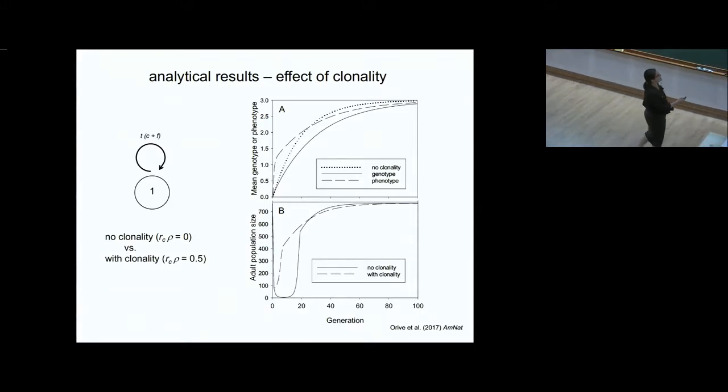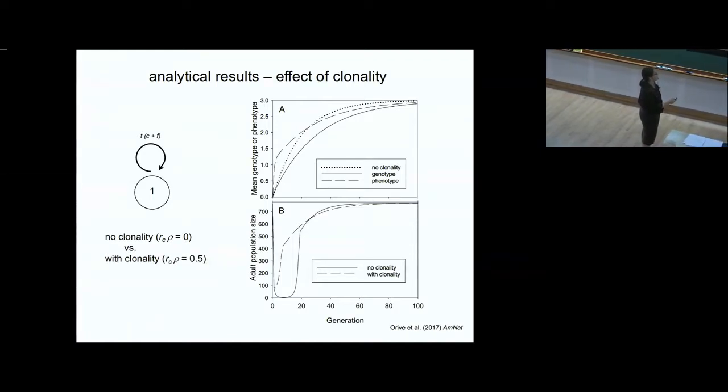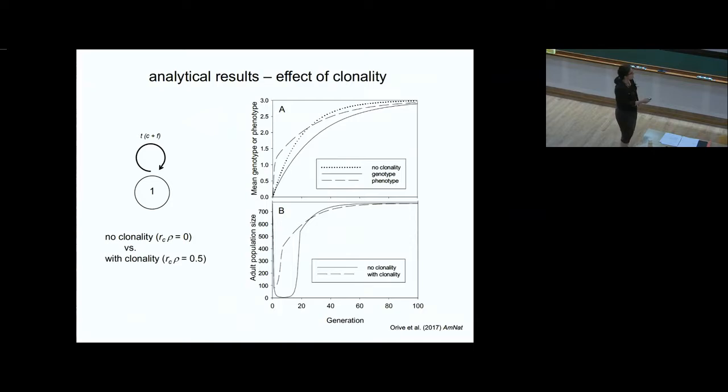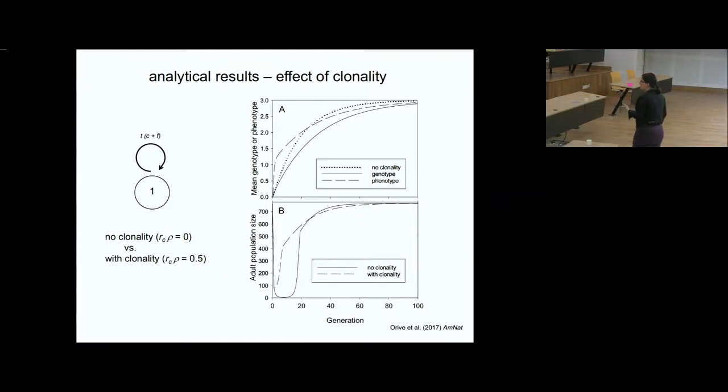Here is the mean genotype or mean phenotype over time. And here's the population size, again, over time. For no clonality, genotype and phenotype go together. It's this dotted line. For this numerical iteration, we started with z bar at 0, and theta is 3. And you see, it just does what it should do, and it goes to 3.